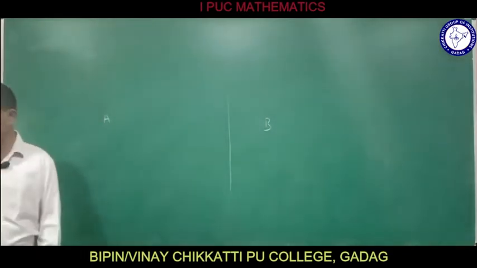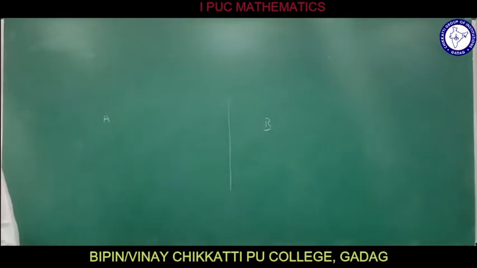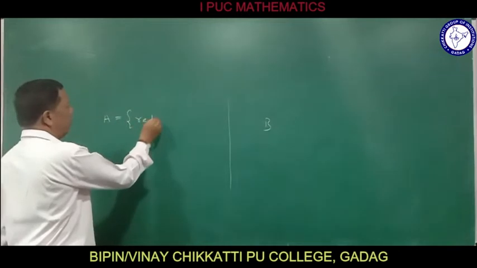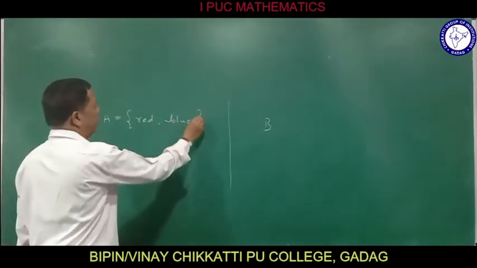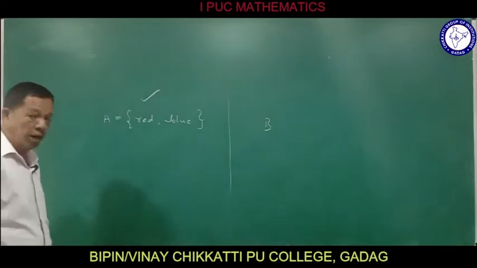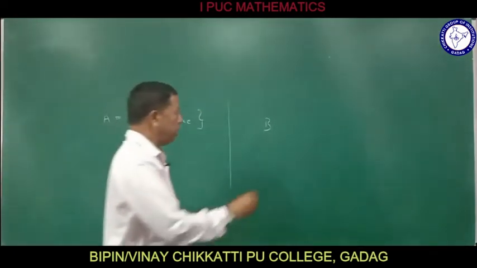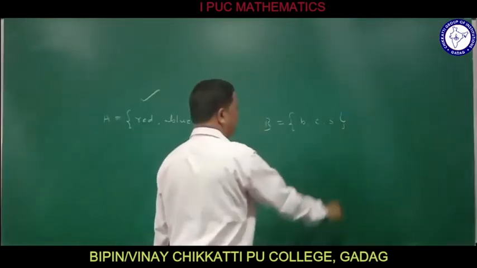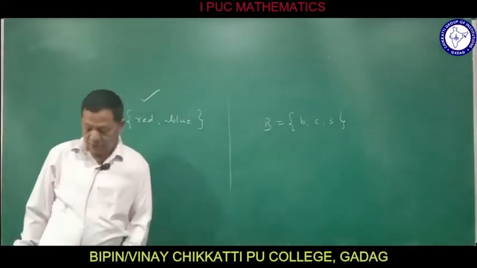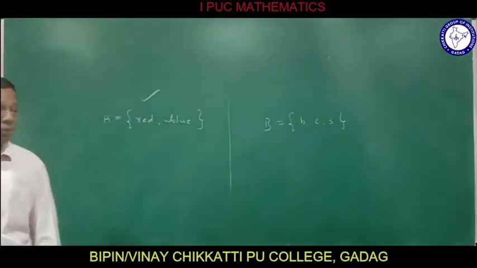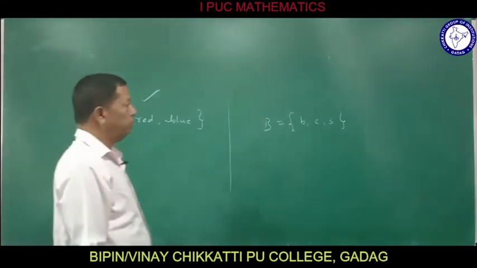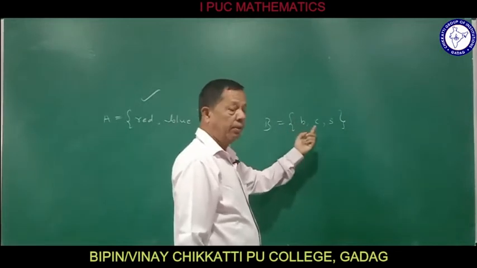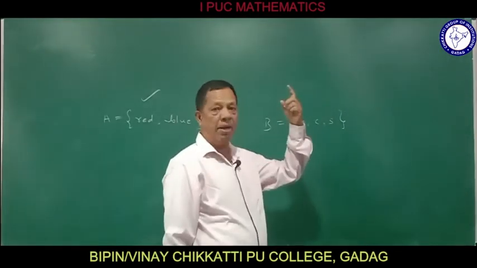Set A contains two colors, red and blue, and set B contains three objects, B, C, S. Here B, C, S are objects or elements. For reference, B stands for bag, C for coat, and S for shirt.